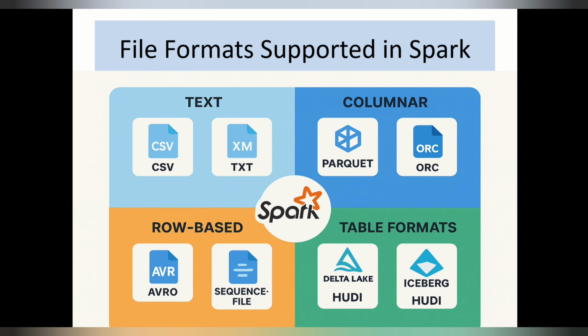Columnar file formats like Parquet and ORC, then row-based file formats like Avro and sequence files. Then, of course, last but not least, we have table formats, which are Delta Lake and Iceberg. Those are the file formats we can utilize while working with Spark or PySpark.